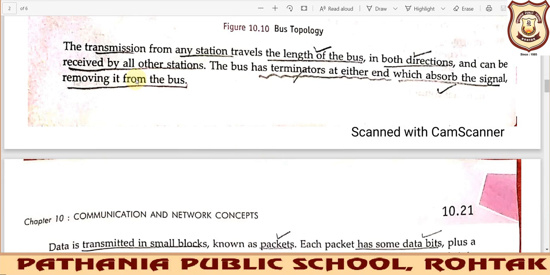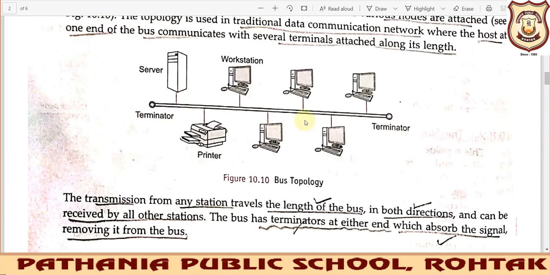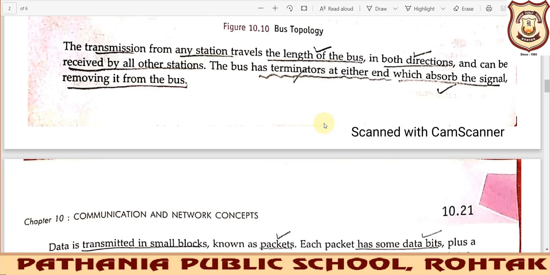One more thing: the transmission of any station travels along the length of the bus, and the transmission can be in both directions. At the end we have terminators, which indicate that no more devices are connected further. These terminators are connected at both ends, and they will absorb the signal, removing it from the bus.